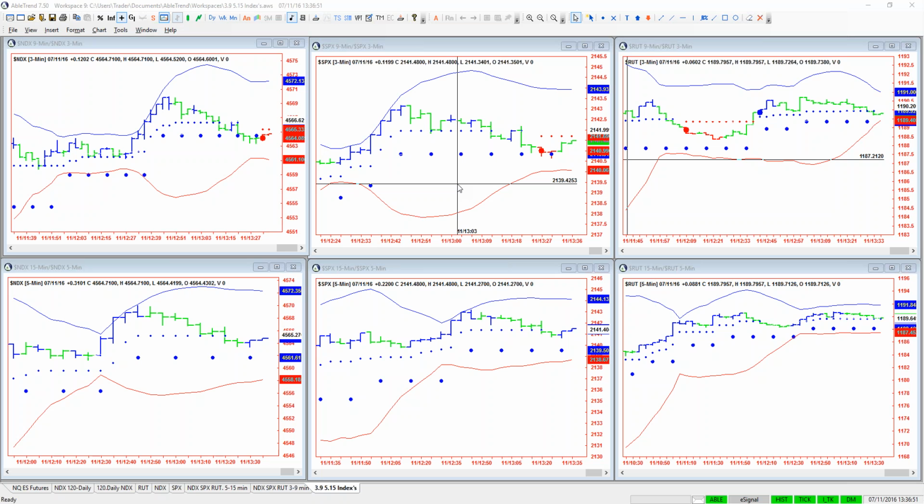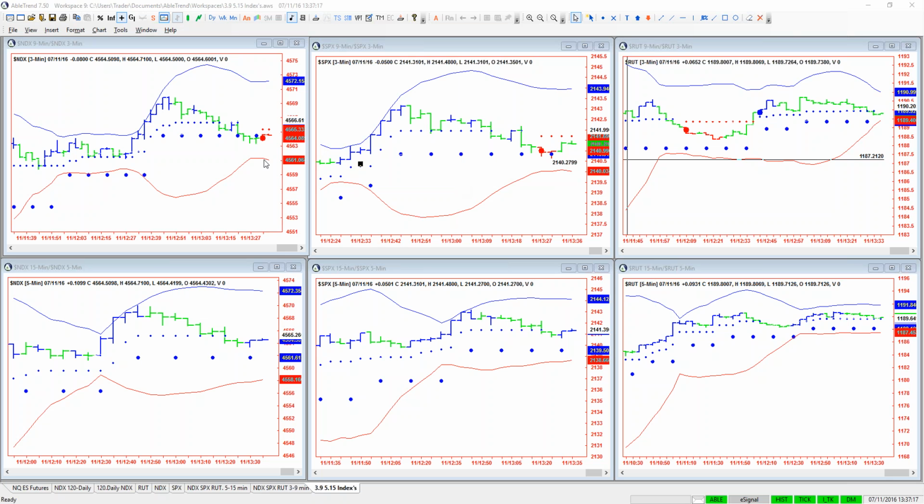If I have positions open and I'm managing a few of them, I tend to be a bit more conservative. So I'm looking for new positions now because I've spent some time today looking at managing a couple of the positions I have, and I kind of know what I want to do and what I don't want to do. So I'm back to looking for new positions, and I'm going to keep a close eye on the 3-9 and the 5-15 charts.